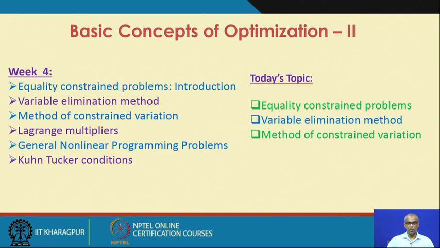Then we will talk about general nonlinear programming problems, and as optimality criteria, we will talk about the Kuhn-Tucker conditions, also known as KT conditions. Today we will start our discussion with equality constraint problems and an introduction, and we will talk about two methods in today's class: the variable elimination method and the method of constrained variation.